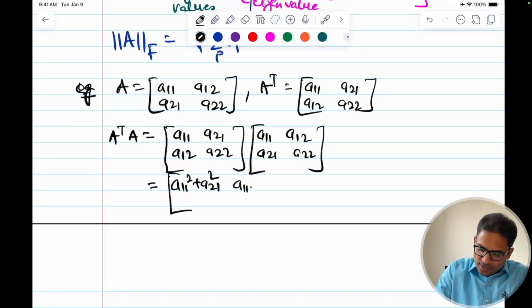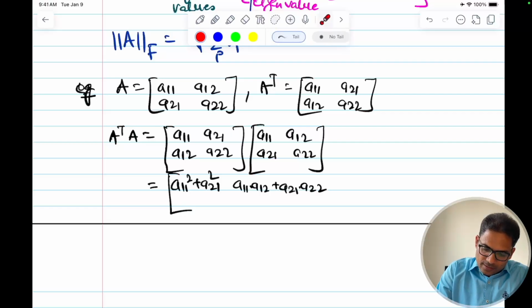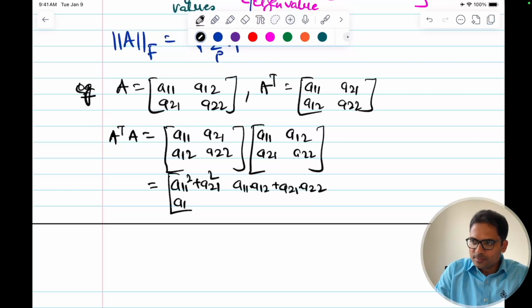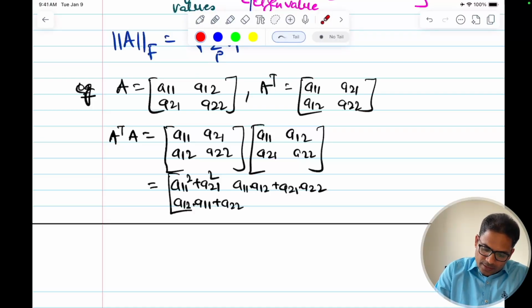Similarly, the second element will be A11 into A12 plus A21 into A22. And the third will be A12 into A11 plus A22 into A21.